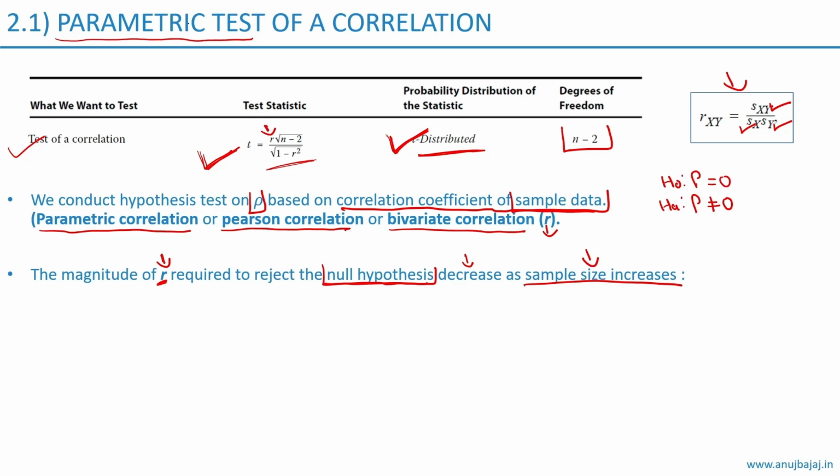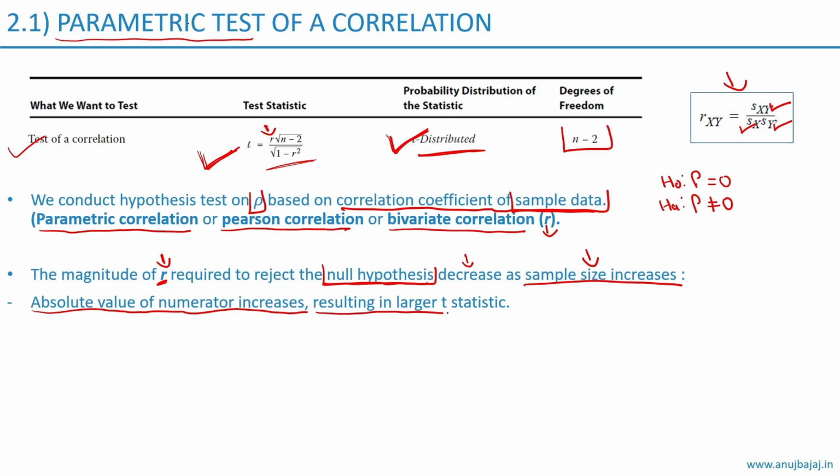This is because of two reasons. As the sample size increases, the absolute value of the numerator increases, resulting in a larger t-stat. If you look at the formula of the test statistic, with an increase in sample size, the numerator also increases, so our t-stat becomes larger. When the t-stat becomes larger, the probability of rejecting the null hypothesis also increases.